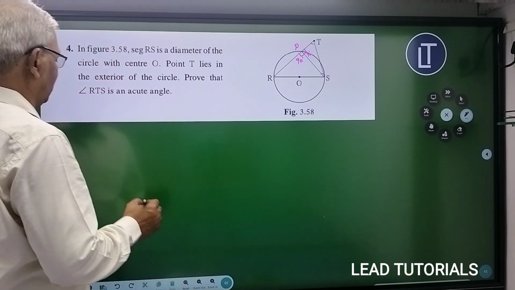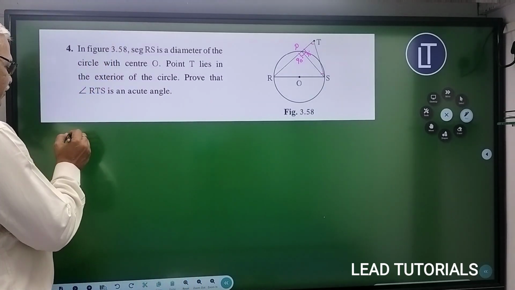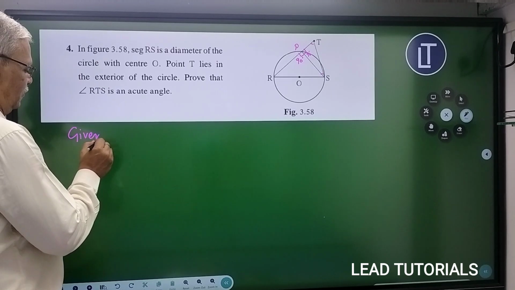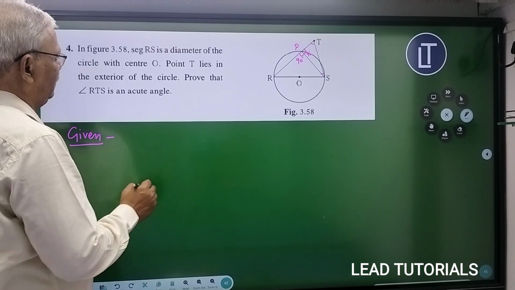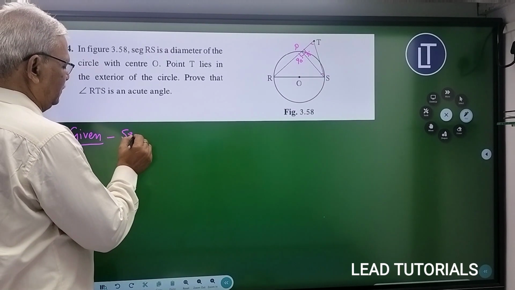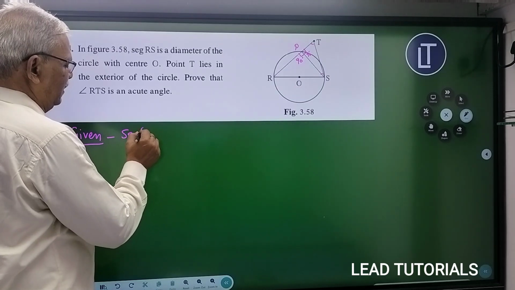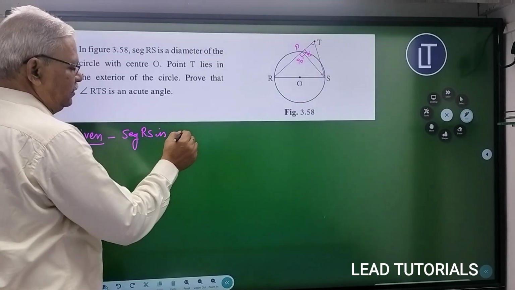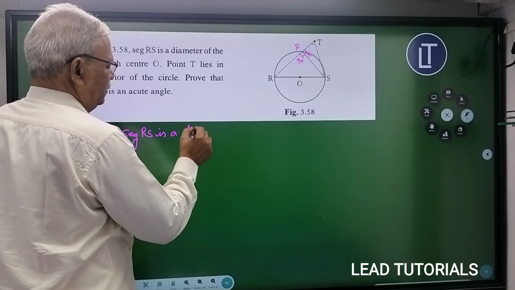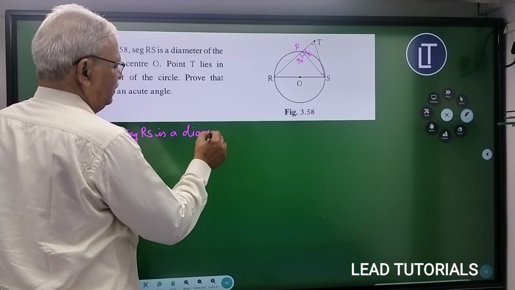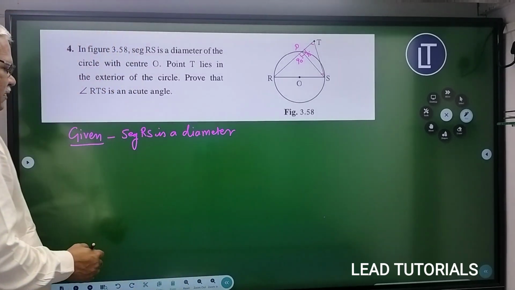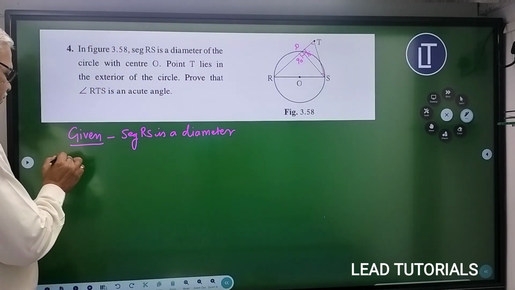Okay. Now first we will start from the things which are given. First here we will write the given. What is given? Segment RS is a diameter. Okay? This is given here. Now the construction.